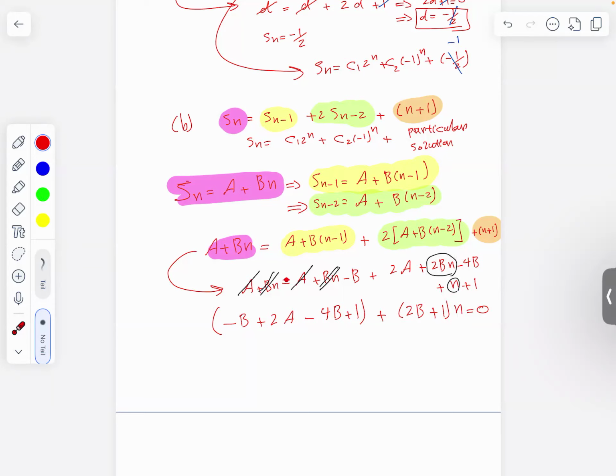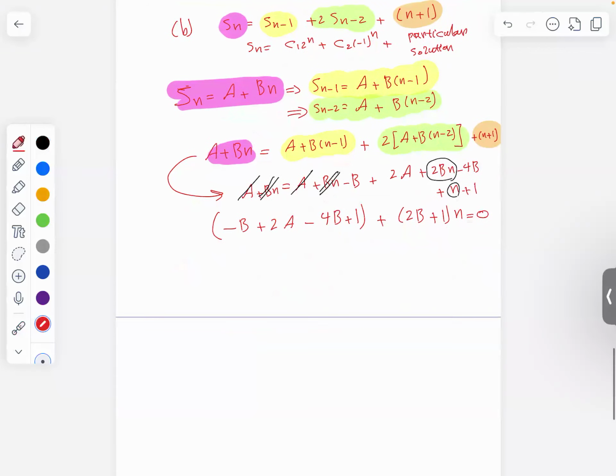And everything equals 0. Okay? So from here, 2B plus 1 has to be 0. The coefficient of n has to be 0. B is negative half. From here, putting them together, minus 5B.